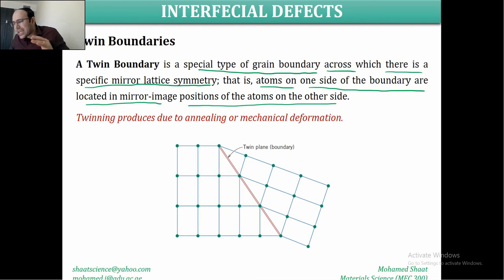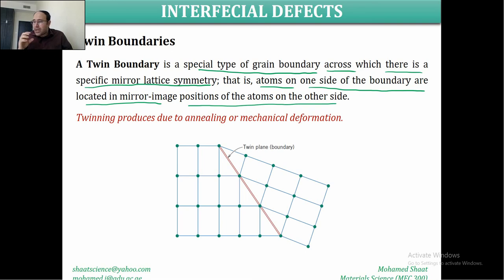So they will not be counted as two separate grains or two separate crystals. Instead, we're going to deal with them as one single grain or crystal. But if this plane is tilted, this is going to result in a misorientation between this grain and this grain. In case this plane is vertical, there is no misorientation, and these two grains are merged and welded together, and this forms a twin boundary.